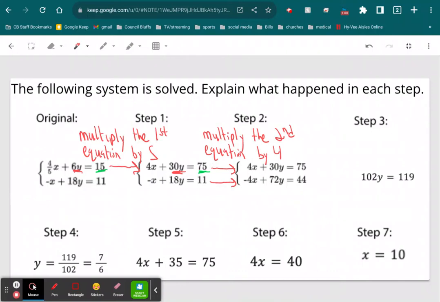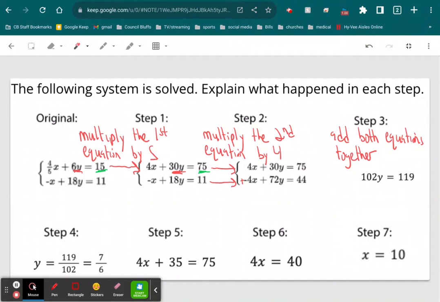Okay, step 3. Let's see, x went away. It looks like they added the two equations. 4x plus negative 4x is 0. 30y plus 72y is 102y. And 75 plus 44 is 119. So step 3 was to add both equations together. Step 4, they got y equals 119 divided by 102, which is 7/6.